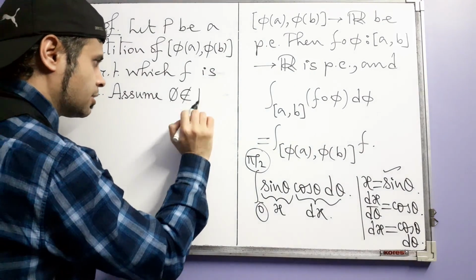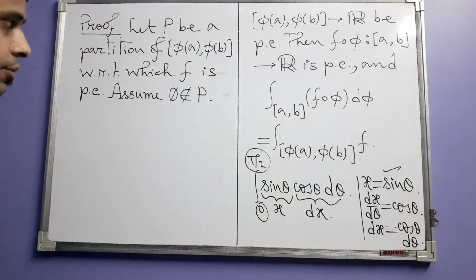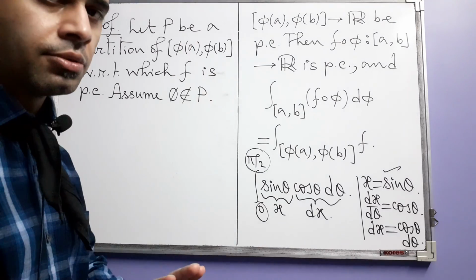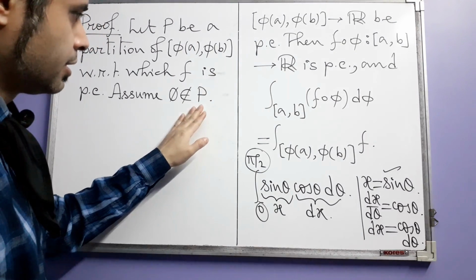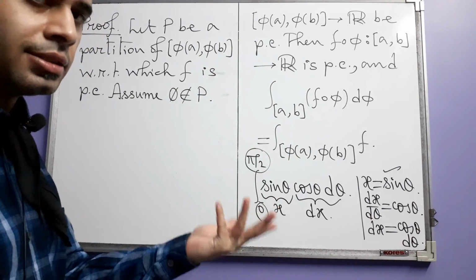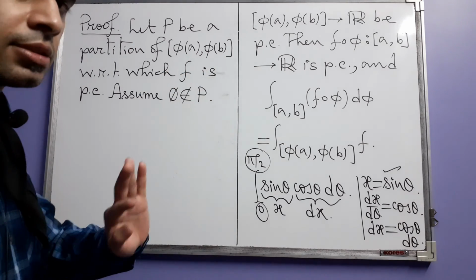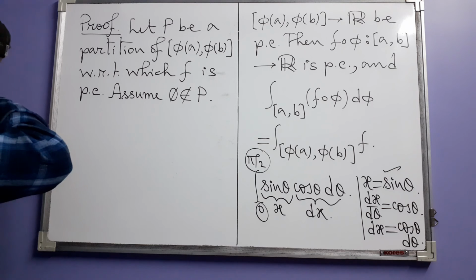Assume that the empty set does not belong to the partition. If originally it really belongs to the partition, you can just throw it out without affecting the fact that the resulting set again is a partition of this interval with respect to which f is still piecewise constant.